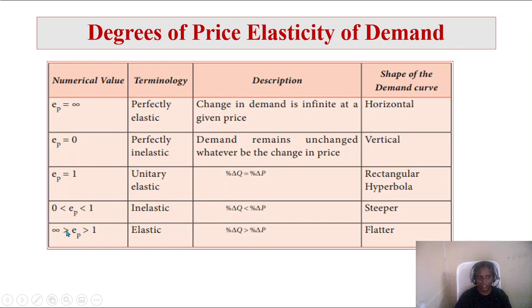And finally, when the price elasticity of demand is greater than 1, which is elastic, there will be a greater change in quantity demanded when there is a change in the price level of the commodity, and the demand curve will be a flatter one. So we have seen the numerical value, and then the shape of the demand curve.